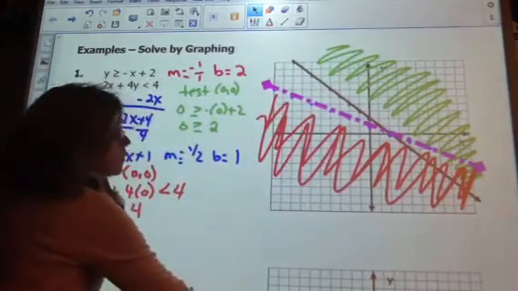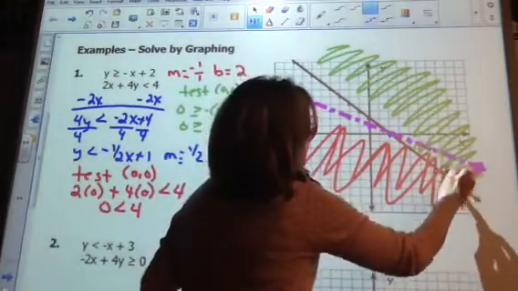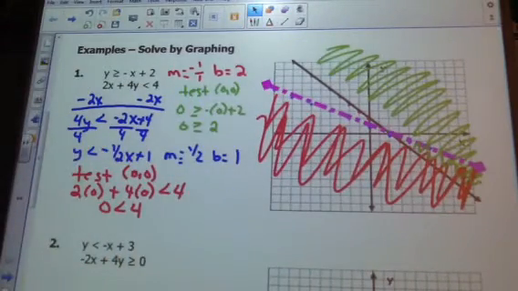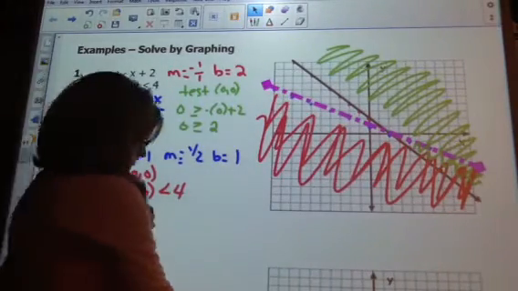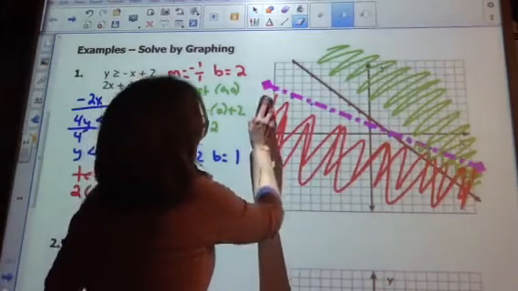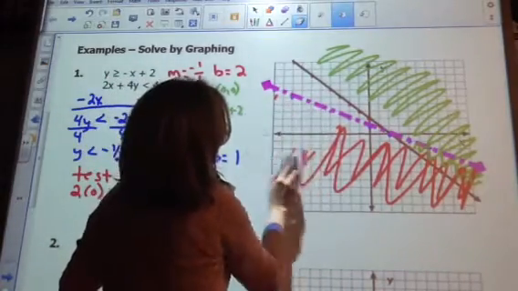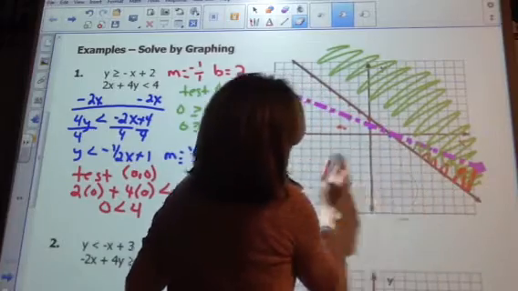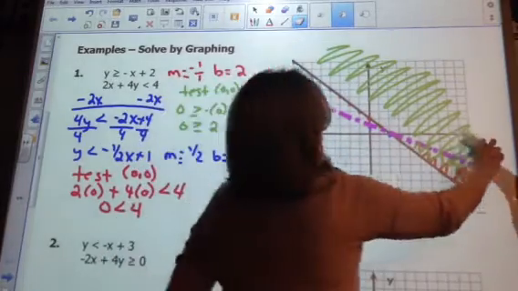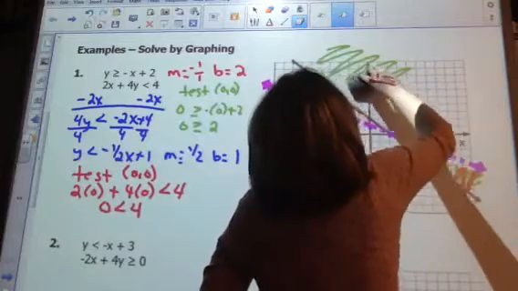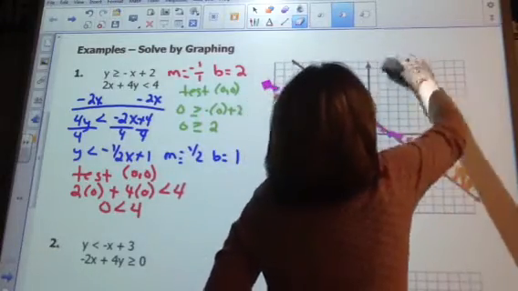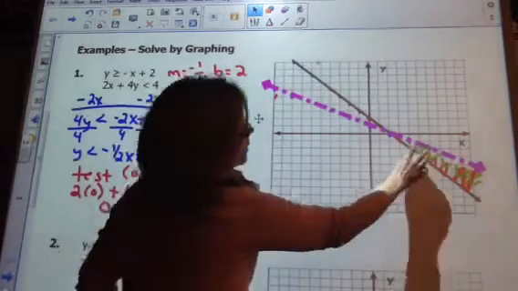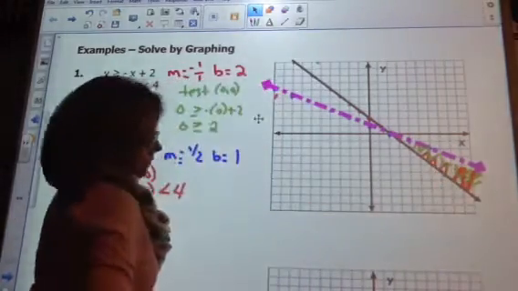Guys, do you all see where they overlap? Where the green and red overlap? So if I erase where they don't overlap, you'll see that this is my solution set right here.